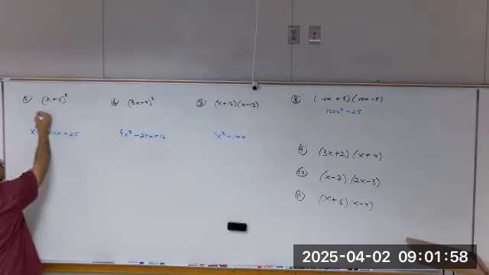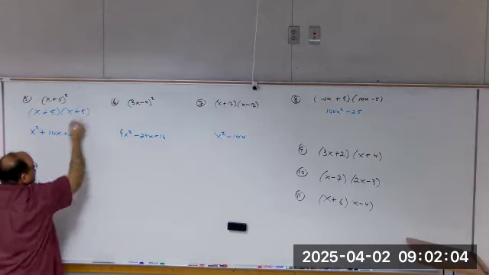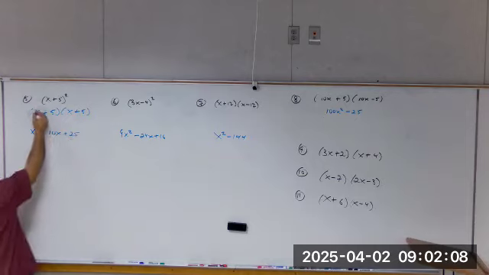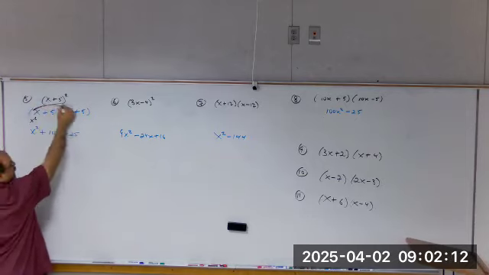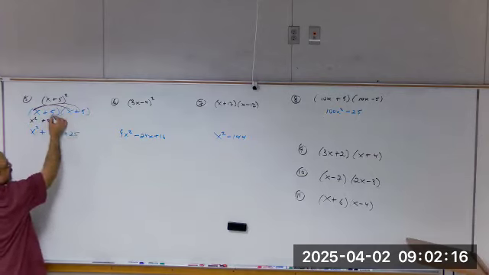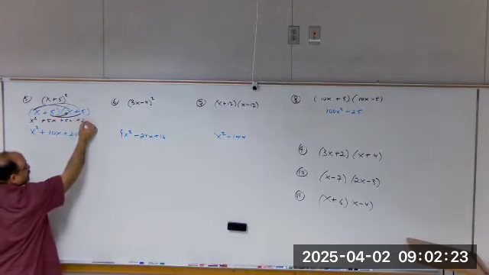You could always multiply it times itself. That's what a square means. And distribute. X times X is the X squared. X times positive 5, that's a positive 5X. Positive 5 times X, that's another positive 5X. 5 times 5, that's a positive 25.